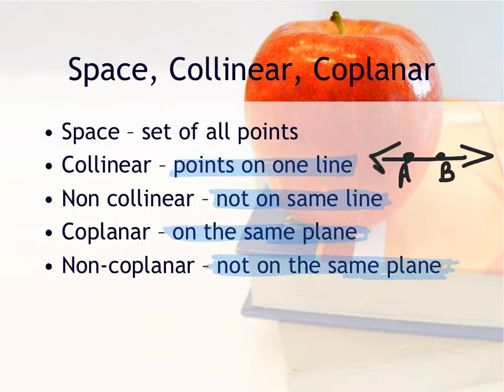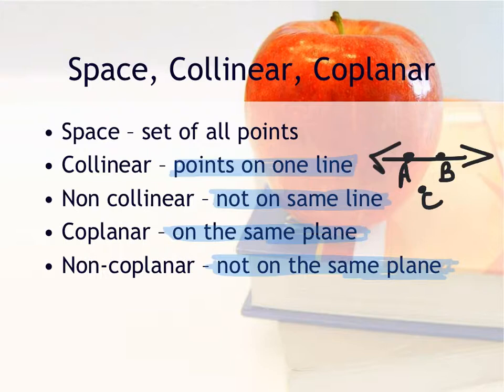If I were to add a 3rd point, say point C, and I put it down here, those 3 points would be non-collinear because they're not on the same line.